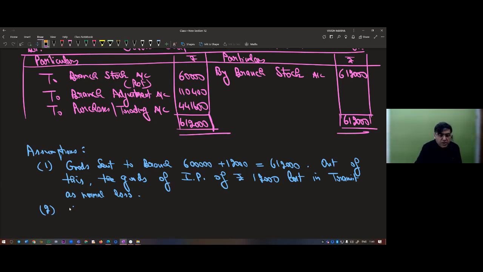Given value of normal loss rupees 12,000.